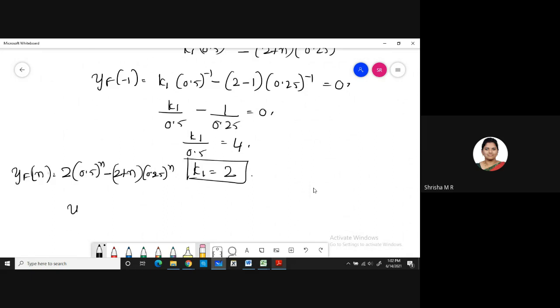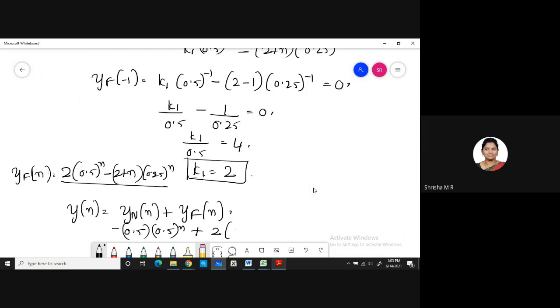So you have total response y of n is equal to natural response plus forced response. Okay, natural response, what it was, I told you guys to remember. It was minus 0.5 into 0.5 to the power of n, plus you have the forced response, 2 into 0.5 to the power of n minus 2 plus n into 0.25 to the power of n.